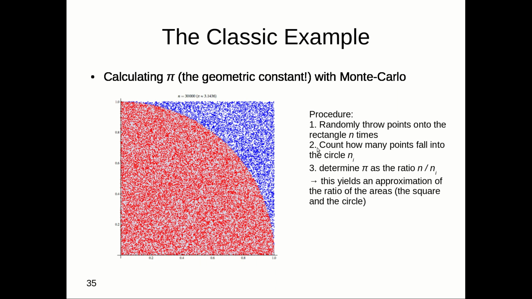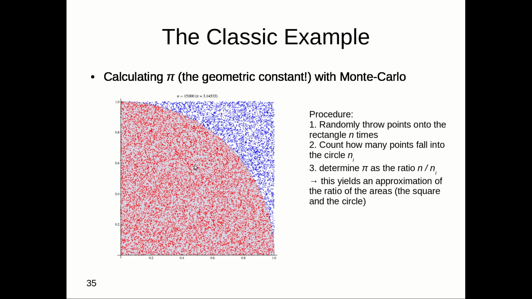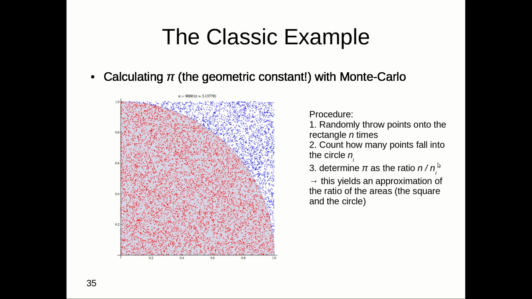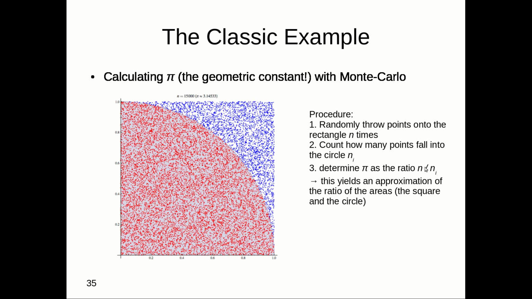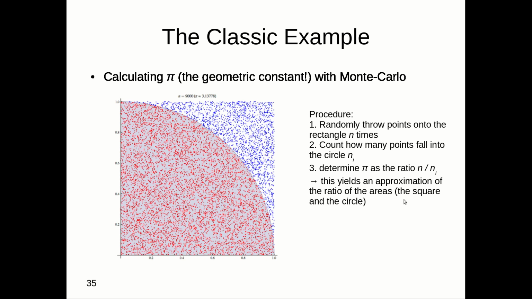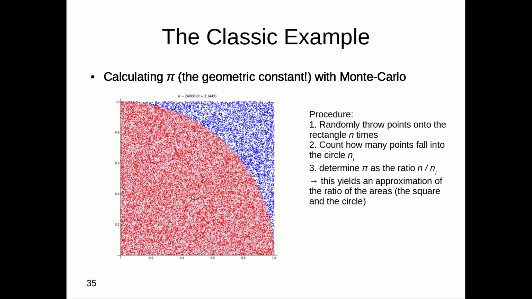And then we basically just count how many points fall into the circle and how many points that we've thrown at this rectangle fall out of the circle. And then we just determine pi as the ratio, the fraction of overall points we've thrown divided by the number of points that have fallen into the circle. And so evidently this yields an approximation of the ratio of the two areas, the blue area, the overall area, and the red area, so the square and the circle.